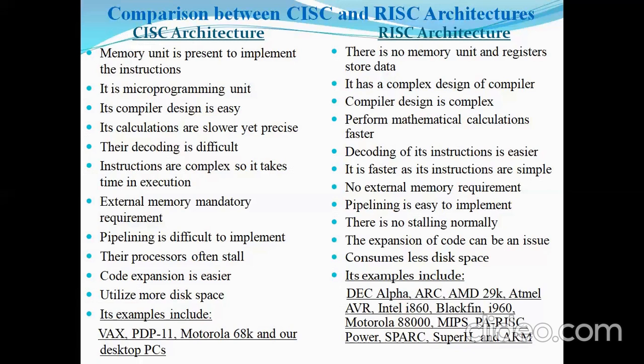External memory is a mandatory requirement in the CISC architecture, whereas there is no external memory requirement in the RISC architecture. The pipelining is difficult to implement in the CISC architecture, whereas the pipelining is easy to implement in the RISC architecture.